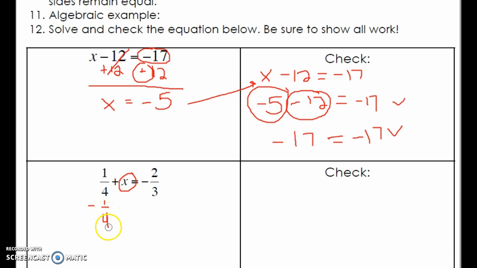Well, if I do that to the left side, I have to do it to the right side also. So if I have negative 2/3 and I'm now subtracting 1/4, I'm hoping you remember that when we work with fractions, we need to find a common denominator. So I'm going to rewrite both of these fractions with a common denominator. And I get a 12 at the bottom. That's my new common denominator. 3 would have to be multiplied by 4.